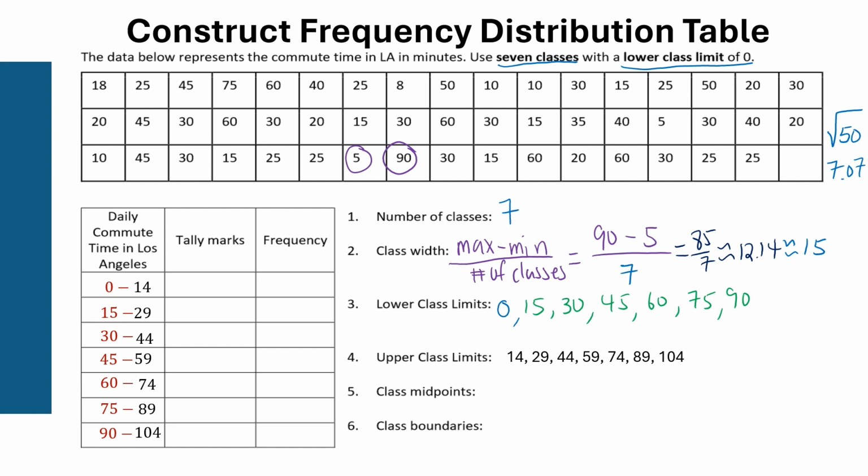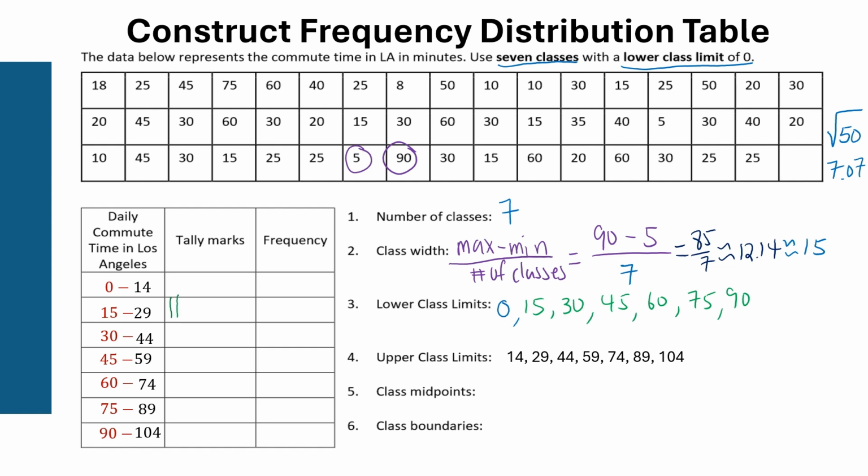Now the next thing we need to do is count the number of data points that fall into each class, which is also known as the frequency. We can use tally marks to help us find the frequency. Let's start with 18. 18 minutes is between 15 and 29, so here's our first tally mark. 25 is also between 15 and 29.